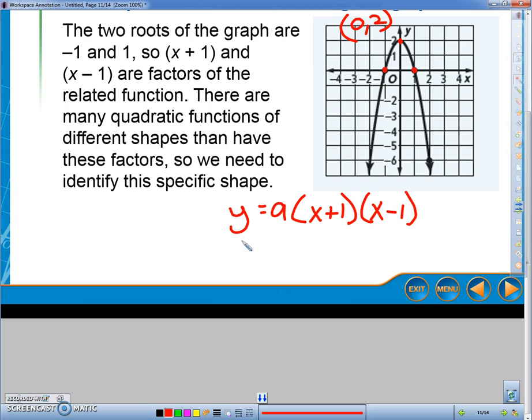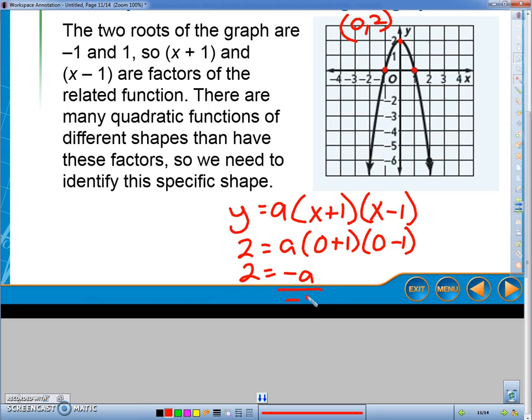So I've got 2 equals a times 0 plus 1, 0 minus 1. Let's do some math. 2 equals, well, this is just 1. This is minus 1. -1 times 1 is -1. -1 times a is -a.